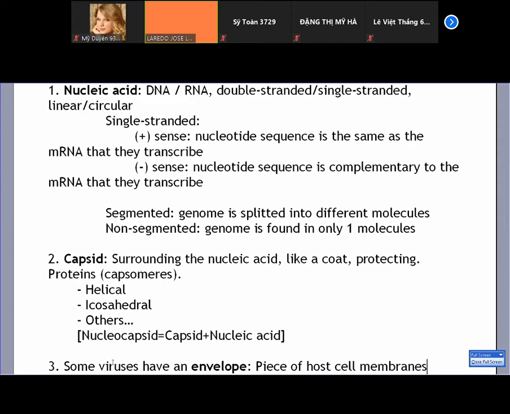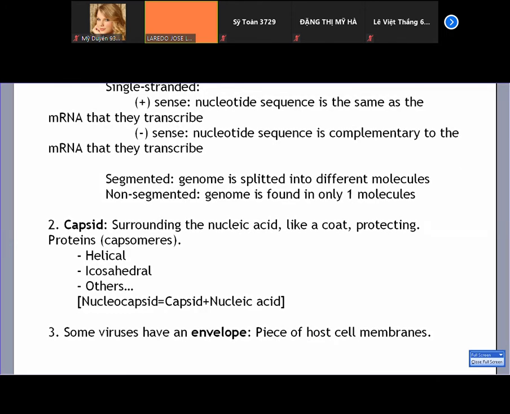The envelope is a piece of a host cell membrane that the virus has taken. Some viruses have an envelope, some viruses do not. So we have two types of viruses: enveloped viruses and non-enveloped viruses, with and without. Non-enveloped viruses are also called naked viruses.